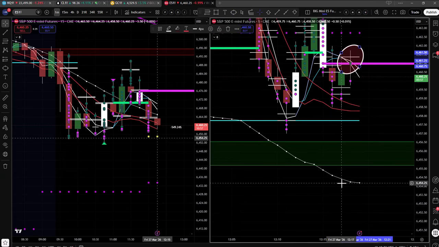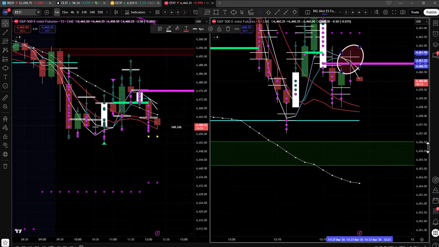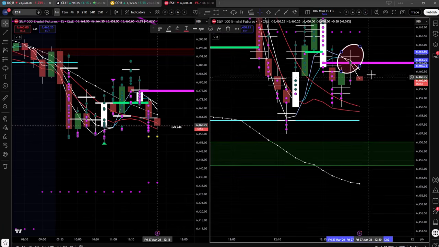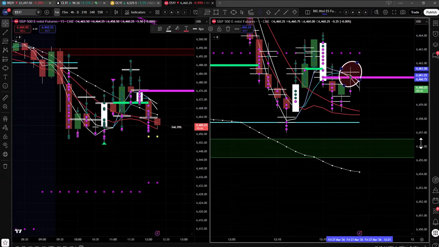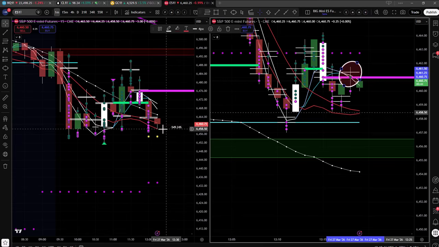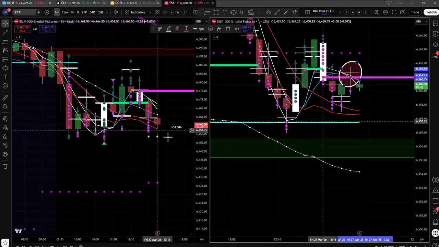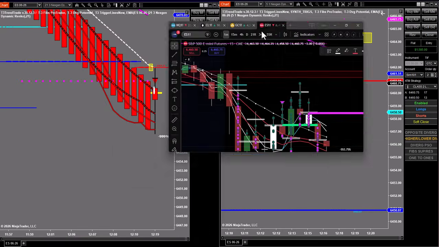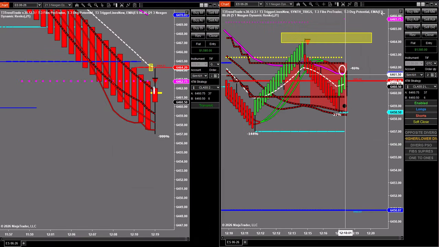We're going to get out anyway because that's what the rules say to do. But my guess is that the high volume area is probably going to help push us down. We're kind of in a 50-50 not high momentum look. So we'll see if it saved us money or cost us money.